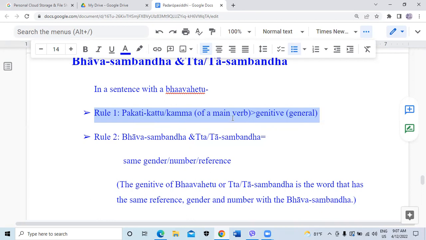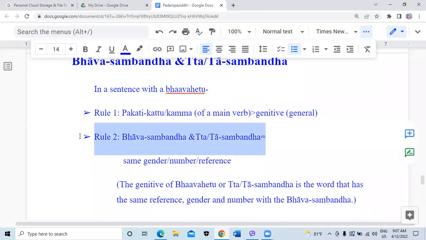They created maxims, but those maxims are general. There are exceptions against these maxims. Okay, Bhāvataddhita must become genitive. This is general. The second rule is always correct.